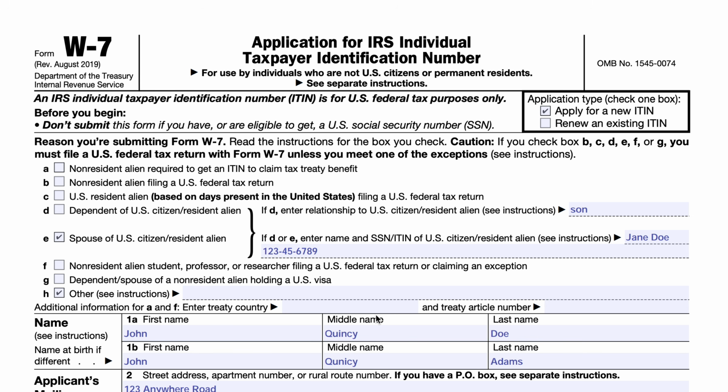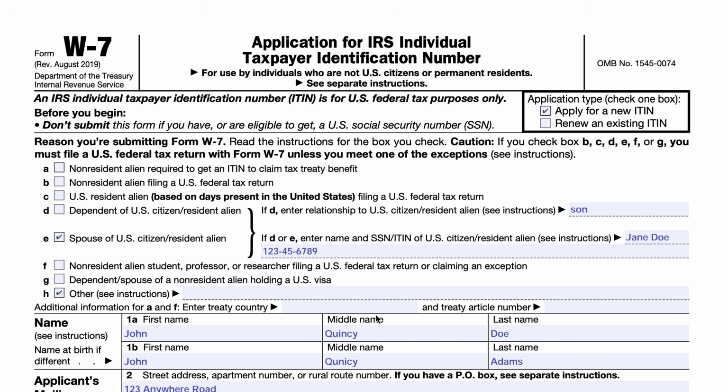Claiming head of household, which gives a little bit of a better tax treatment than being a single taxpayer or single filer. Tax credits such as the American Opportunity Tax Credit, the Premium Tax Credit, the Child and Dependent Care Credit, or the Credit for Other Dependents.